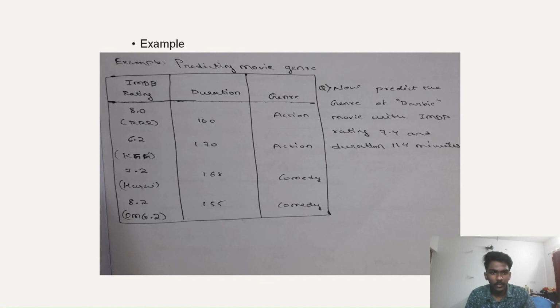Khushi is rated 7.2, duration is 168 minutes, and the genre is comedy. Finally, the last movie has a rating of 8.2, duration is 155 minutes, and the genre is comedy. Now, we are asked to predict the genre of another movie called Barbie with IMDb rating 7.4 and duration 114 minutes.